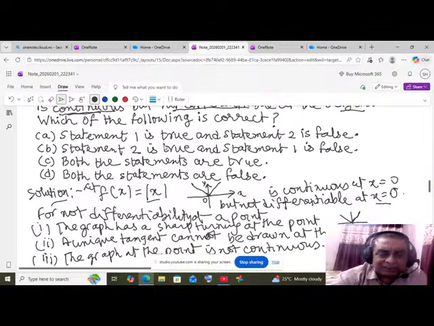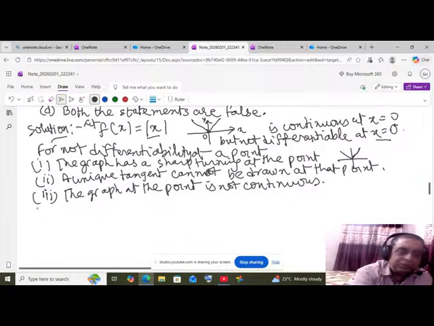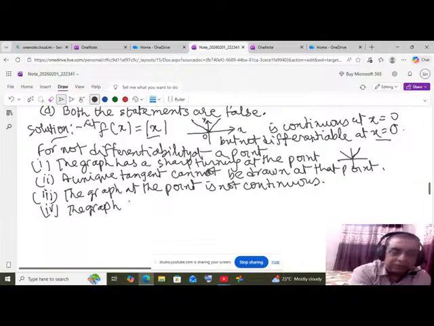And the last condition for non-differentiability is that the graph becomes vertical, perpendicular to the x-axis, at the point where it is non-differentiable.